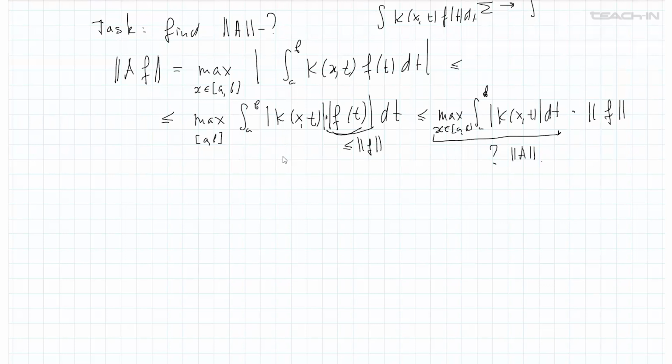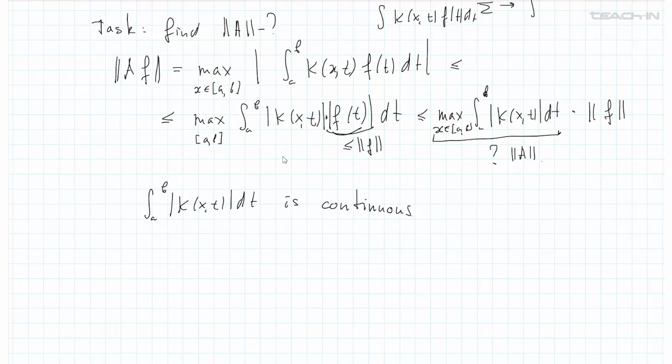What can we say? I know that the function k is continuous, yes? So the integral over the variable t, the integral from a to b of k(x,t) dt, is a continuous function too. Is it clear?